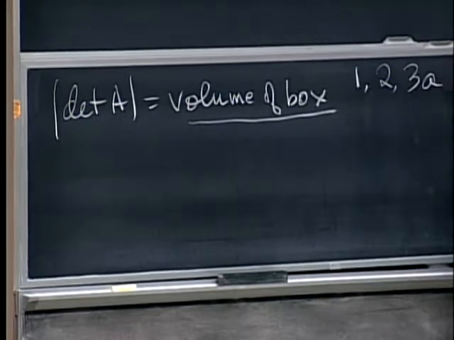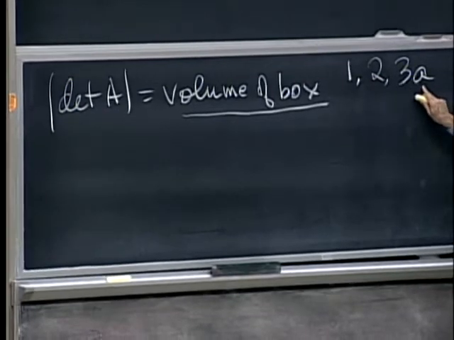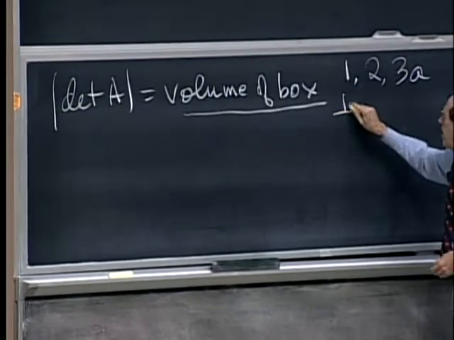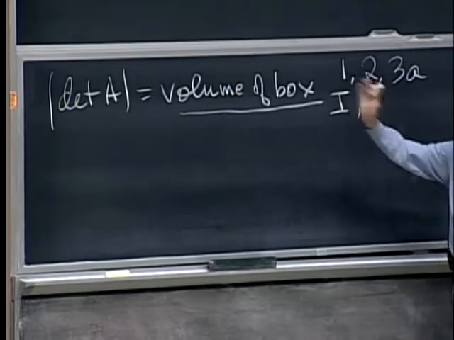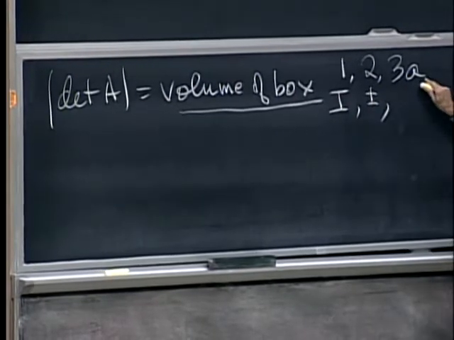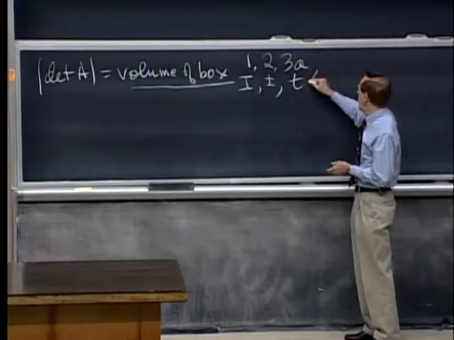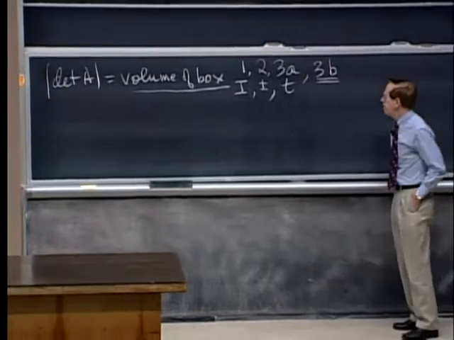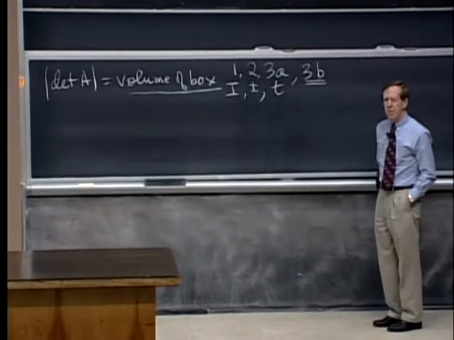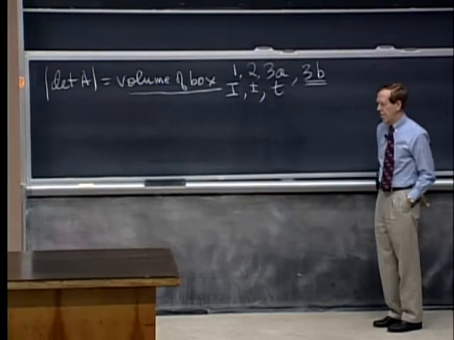Property 3a, if you remember, was a factor t in a row. Property 1 was about the identity matrix. Property 2 was about a plus or minus sign that I don't care about. But now I've got property 3b to deal with. What was property 3b? This is a great way to review these properties.